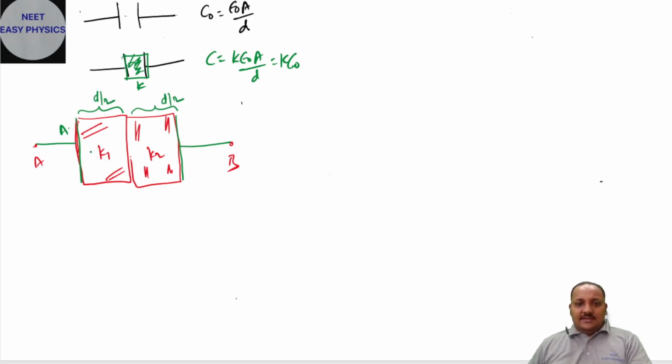Now, this combination we can divide into two capacitors like this. This is K1, one capacitor. This is K2, another one.